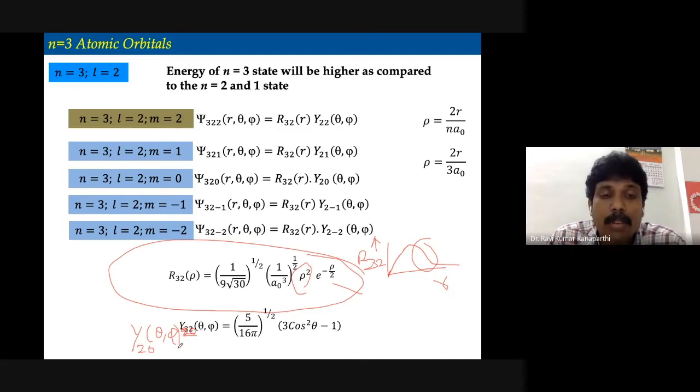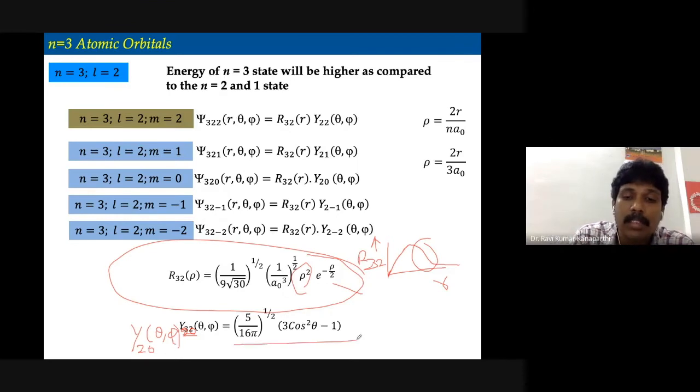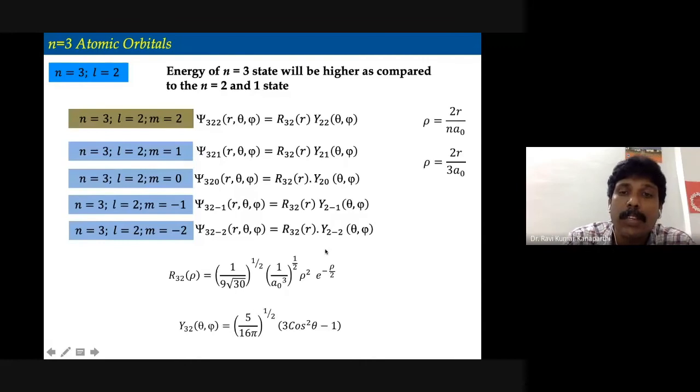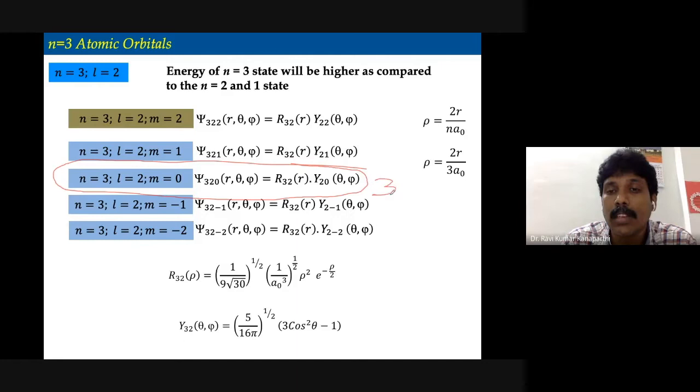L is equal to 2 and m is equal to 0 is the case that I wanted to discuss. This is the spherical harmonics 3 cos square theta minus 1 of this particular atomic orbital. So this is essentially nothing but the 3dz square orbital. This is something that we will try to plot and see.